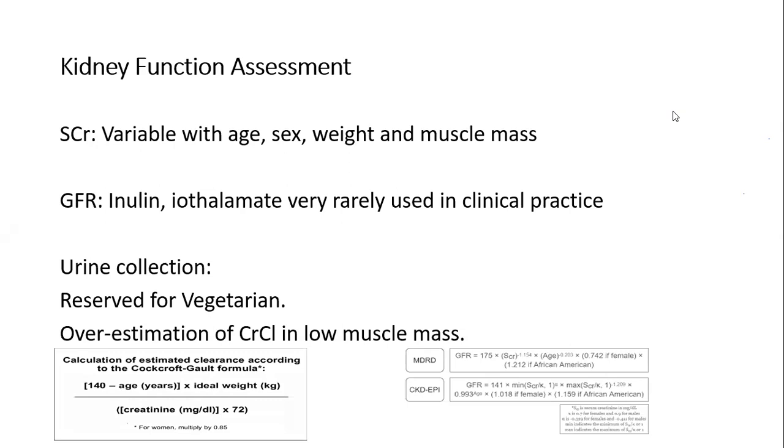So we all know the Cockcroft-Gault formula, right? I guess this is probably one of the first clinical things that most clinical pharmacists end up doing. We calculate the Cockcroft-Gault formula, estimate the GFR, and adjust the doses of the medications accordingly.